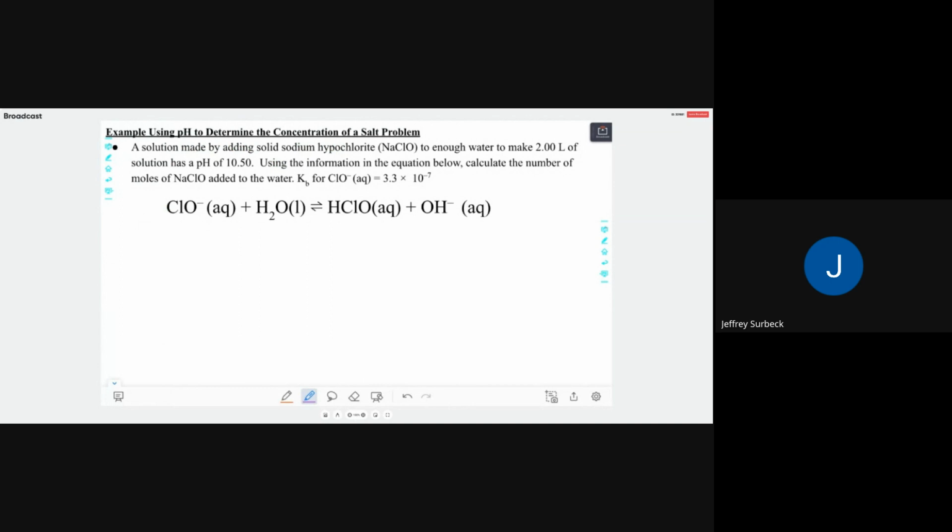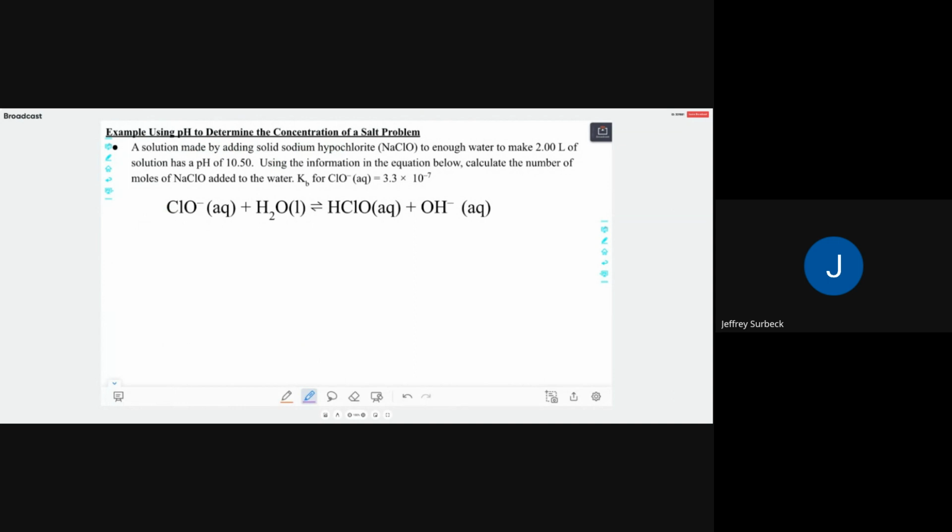We want to use this information with the equilibrium expression to calculate how many moles of sodium hypochlorite we need to add to our water, and the Kb for this weak base is 3.3 times 10 to the negative 7.